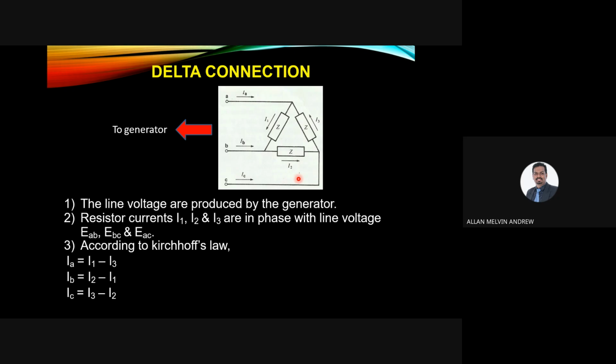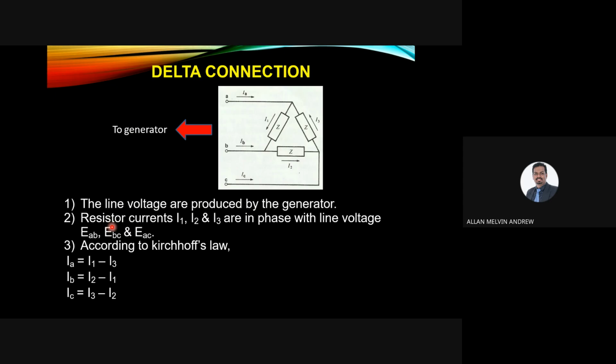So we go to the second type of three-phase, which we call a delta connection. The delta connection has the symbol of a delta, like a triangle. Earlier we saw the Y connection in the shape of Y. This will be connected to the generator, so the line voltages are produced by the generator.